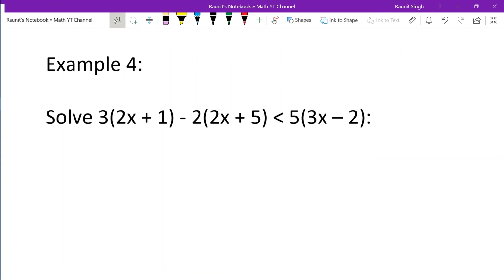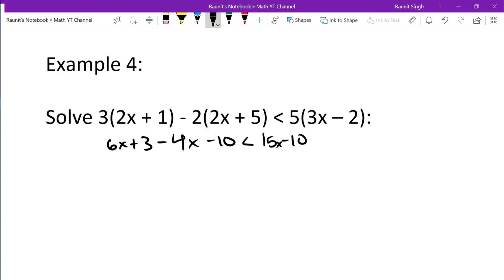Okay, example 4. Solve 3 times (2x plus 1) minus 2 times (2x plus 5) is less than 5 times (3x minus 2). We're going to simplify both of these sides individually, like we did in the last problem. We use the distributive property and get 6x plus 3 minus 4x and then minus 10, which is less than 15x minus 10.